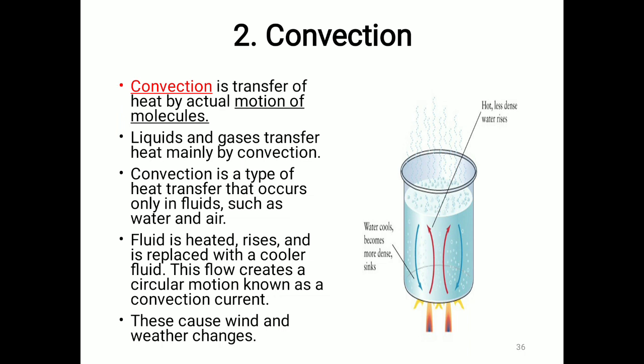Very important point, by the mode of convection, heat transfer is possible only in fluids. So the fluid is heated, rises and is replaced with the cooler fluid. This flow creates a circular motion known as convection current. This causes wind and weather changes.